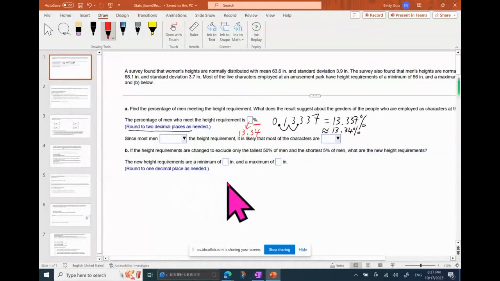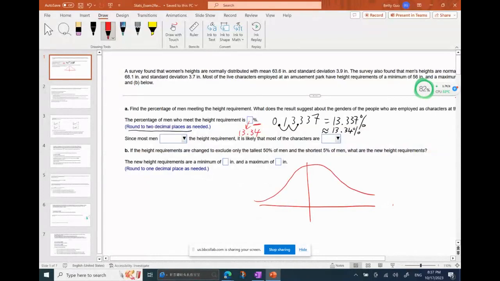If the height requirement is changed to exclude the tallest 50%. That's a better drawing. At least we need it to be symmetric. Okay, those 50%, gone.